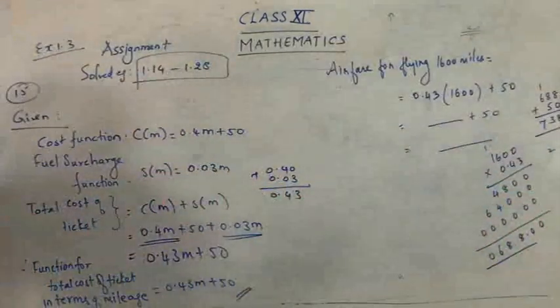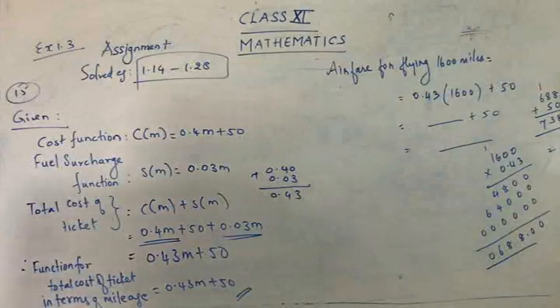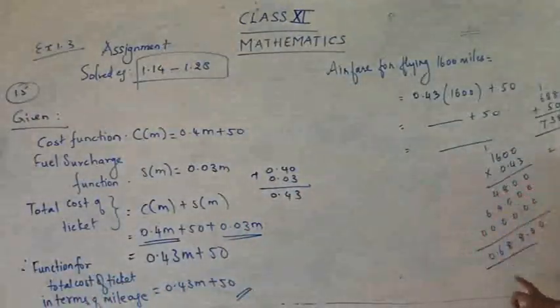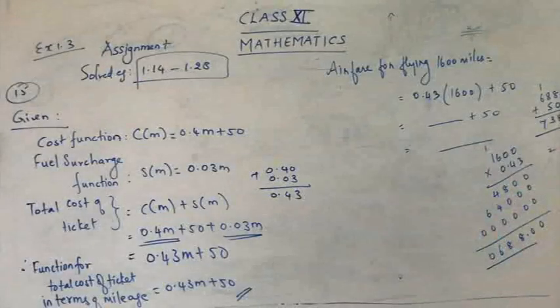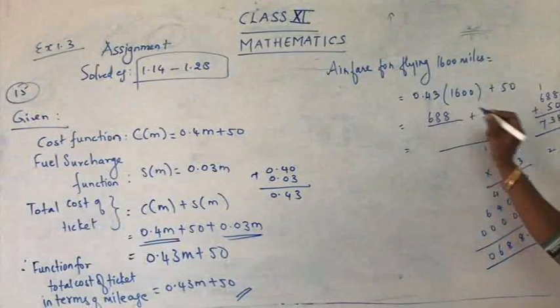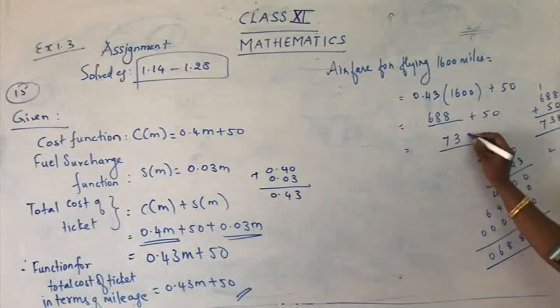So be careful with the calculations. When you multiply 1600 with 0.43, you get 688. So just put 2 decimal places. 688 plus 50 gives you 738.